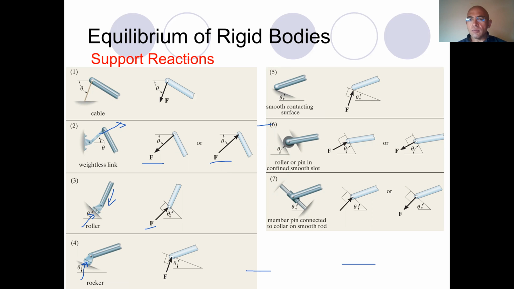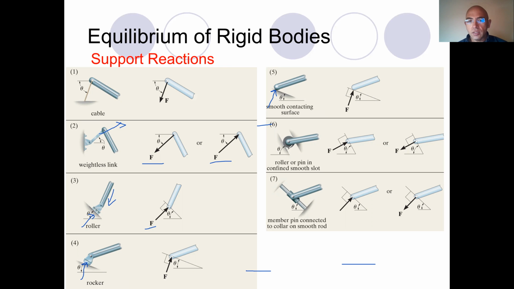Okay, what else? So we may have a smooth contacting surface, as we see here, for example. Again, it has to be perpendicular to the point of contact. In this case, the reaction force, the support reaction, has to be like this.